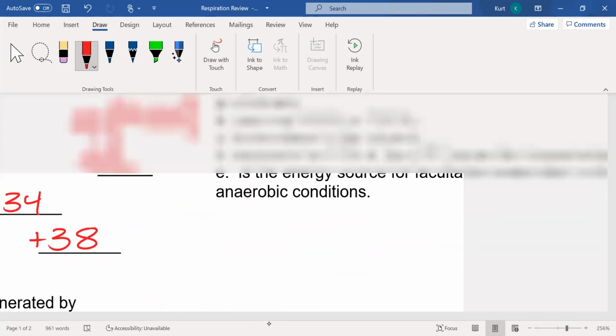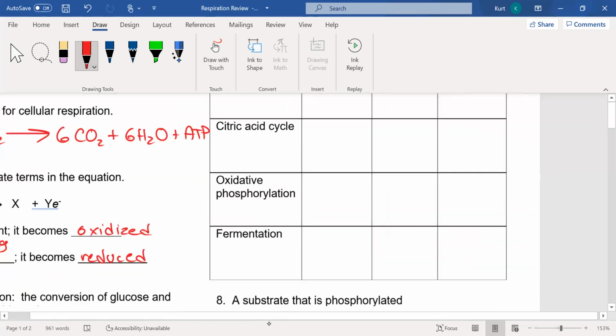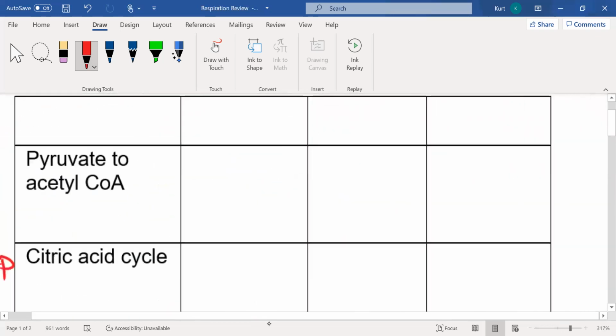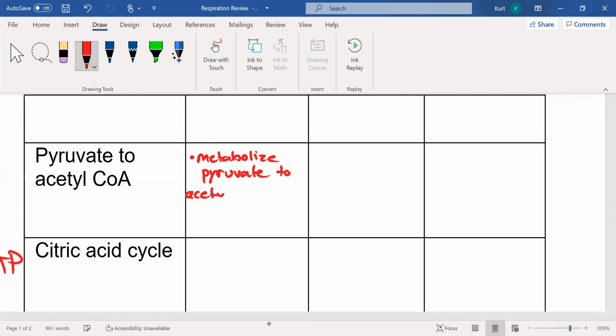Okay, let's go back up to the top of the other column. All right, that is the prep reaction. The function is to metabolize pyruvate to acetyl coenzyme A. The inputs is acetyl, actually 2 of them, 2 coenzyme A's, 2 NAD pluses.